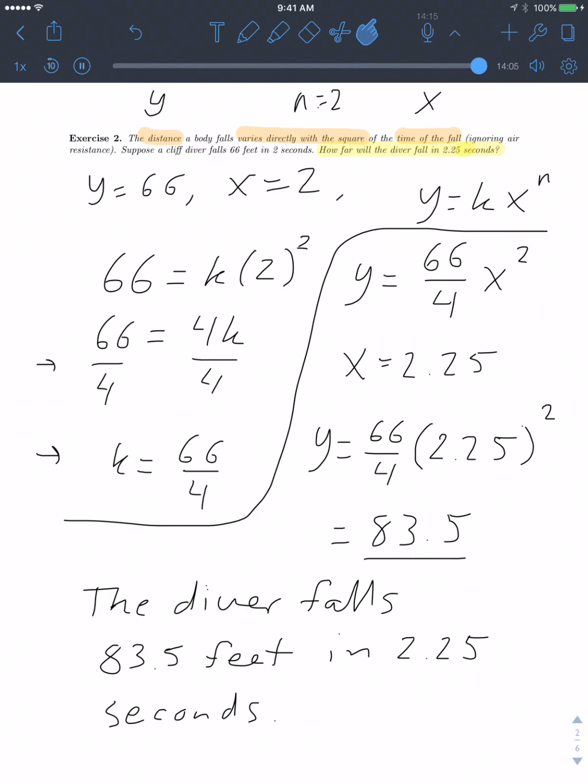Okay, so that was the direct variation involving powers. The next type of variation that we'll see is inverse variation.